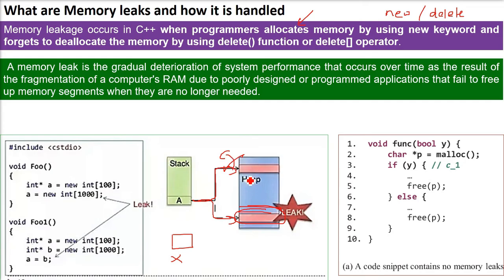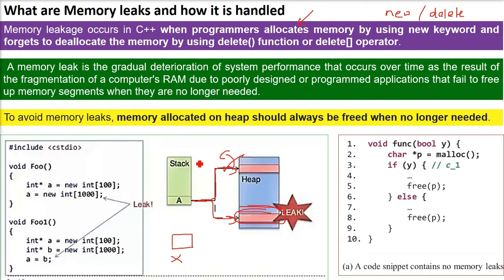So our program is not using it, but it is there. To avoid memory leaks, memory allocated on the heap, that is the dynamic memory, should always be freed when it is no longer needed. So whatever is there in the heap, please be sure that you remove it.